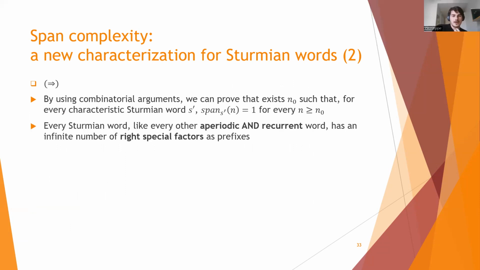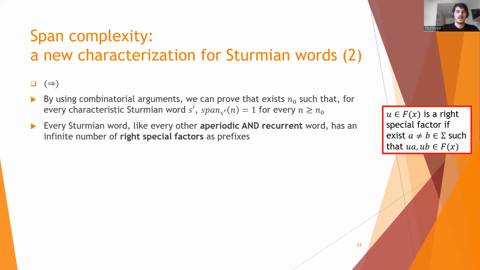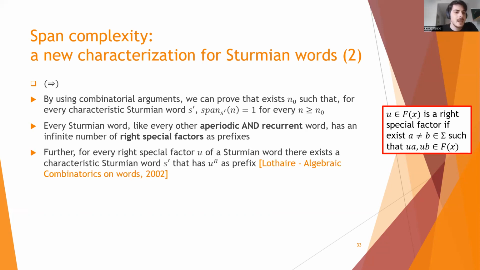Every Sturmian word, like every other aperiodic and recurrent word, has an infinite number of right special factors as prefixes. A factor u is called right special if there exist two symbols a and b from the alphabet such that both ua and ub are factors of x.